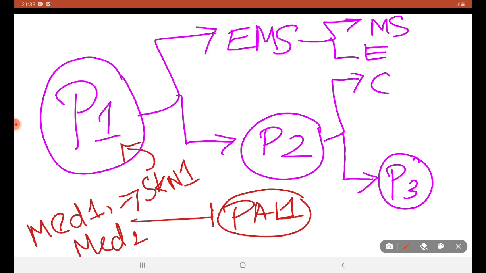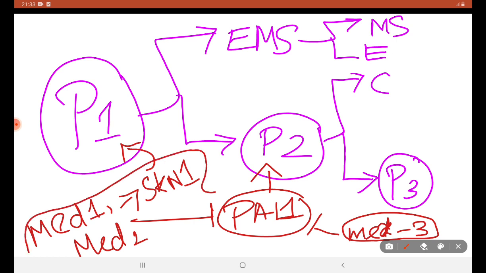Function of this PAL1 is to stimulate P2. PAL1 is being inhibited by MEX3. This is the SKN1 signaling system.